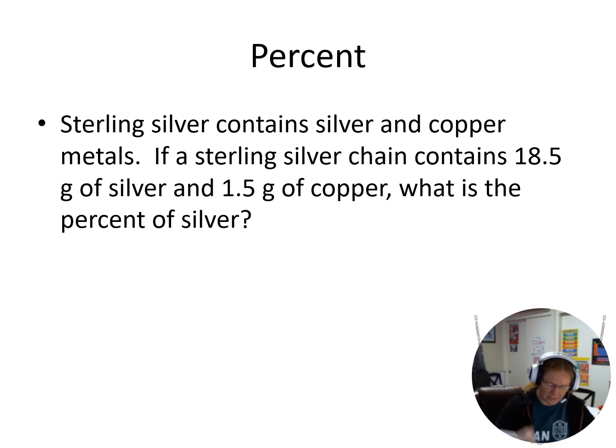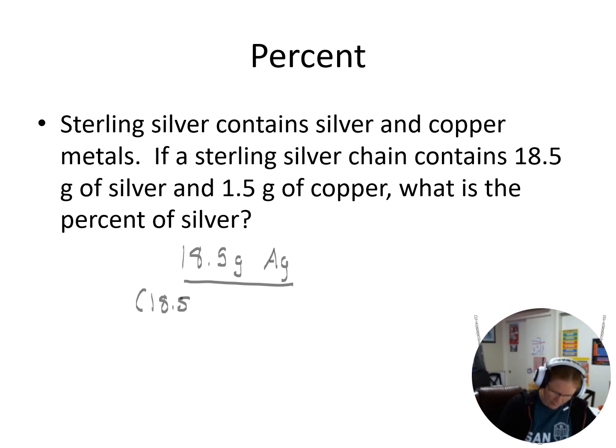So in order to do this, we can actually figure out what that mass of the whole is. We can take our 18.5 grams of silver over 18.5 grams plus 1.5 grams, so the silver plus the copper, times our 100%.